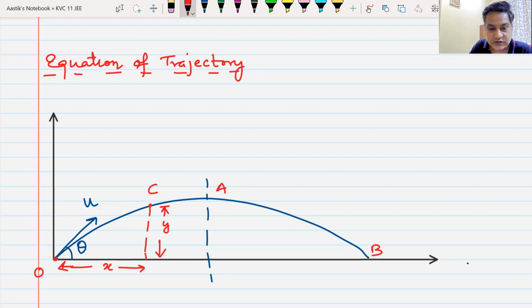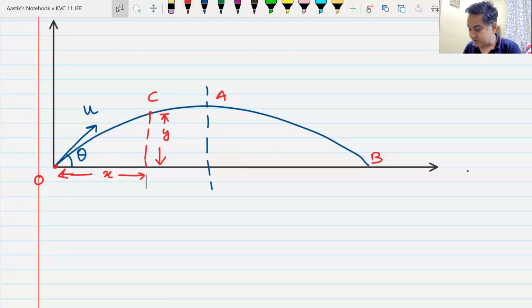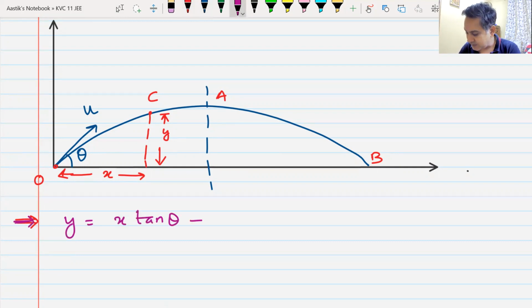What is the equation of trajectory of this particle? Y is equal to x tan theta minus g x square by 2 times u square cos square theta.